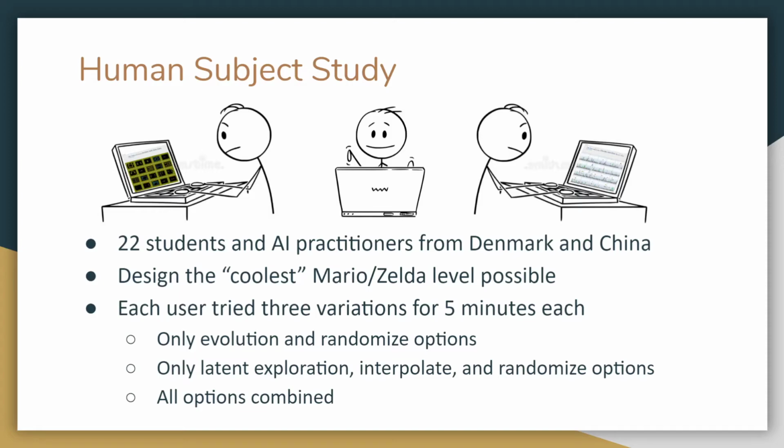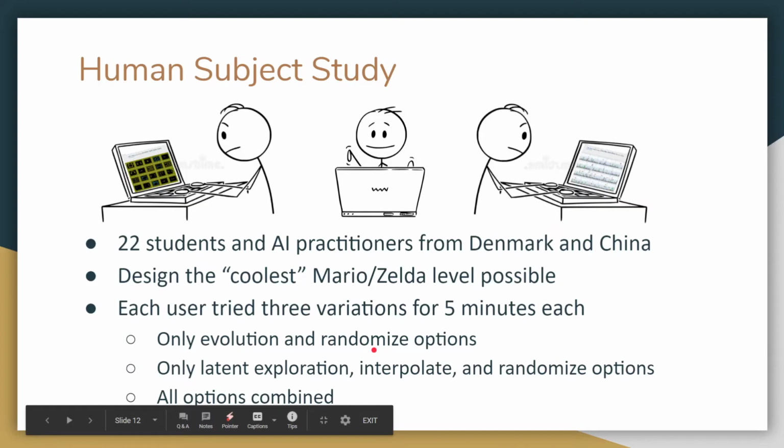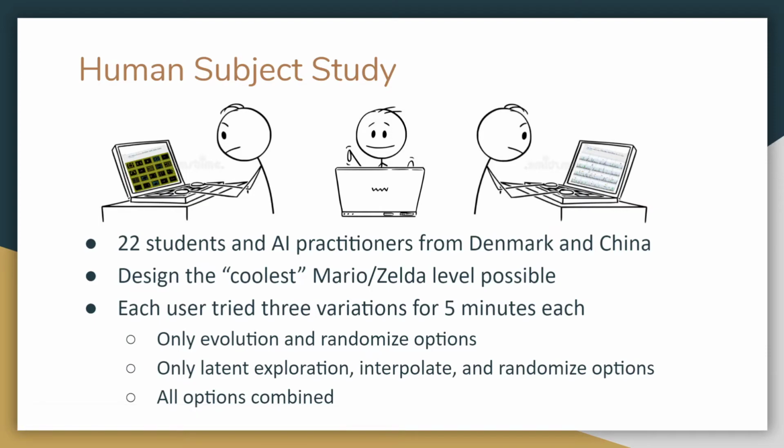They used a version where the only options were to evolve the levels or to click a randomize button. There's a randomize button in the interface as well that I didn't talk about. Basically, you can select any individual in the population, click randomize, and it just replaces that individual with a random latent vector individual. So evolution and randomize was one option.